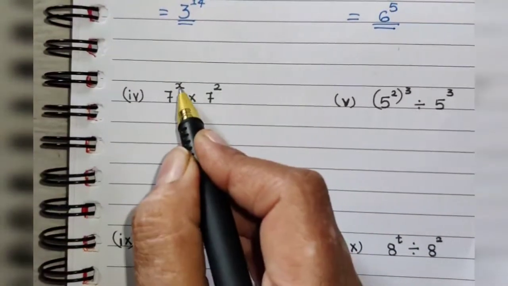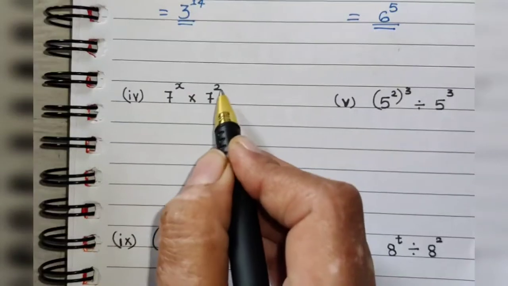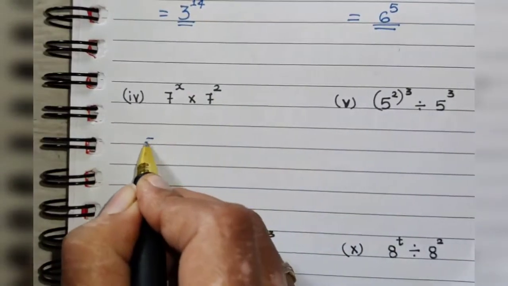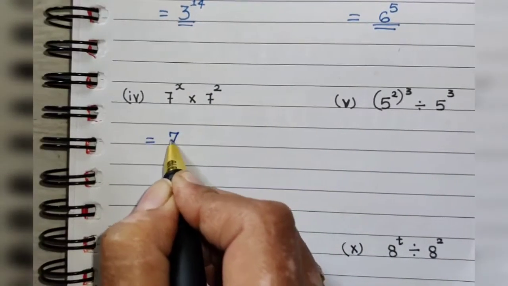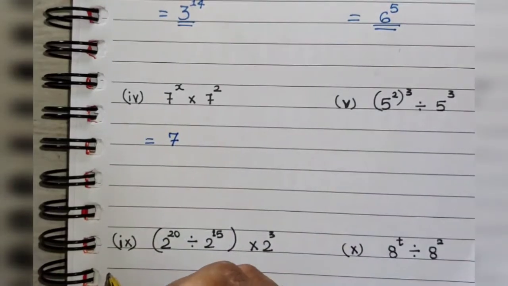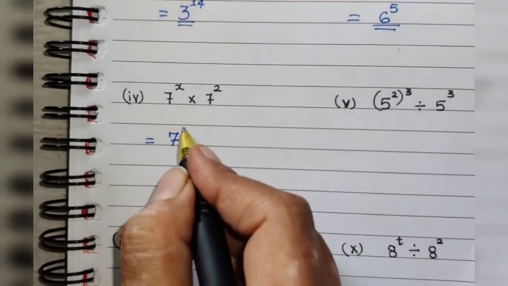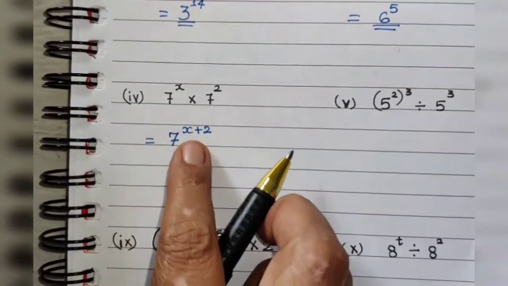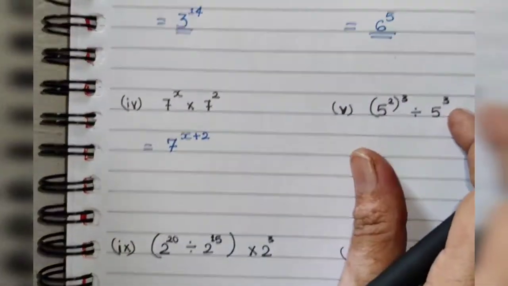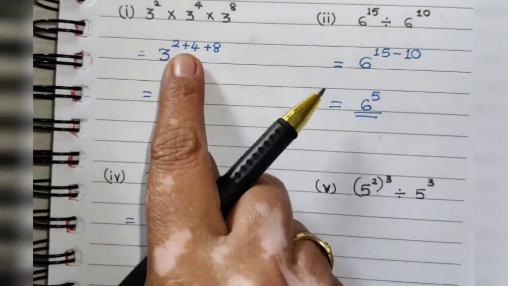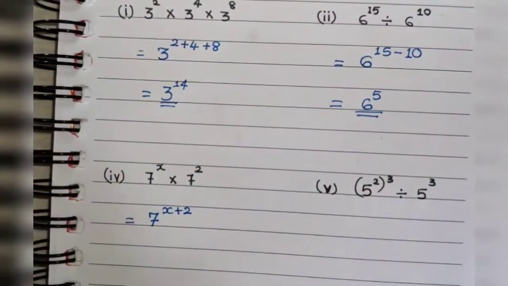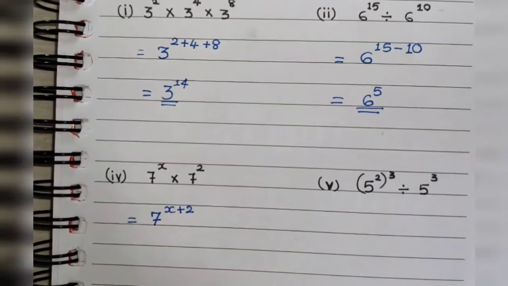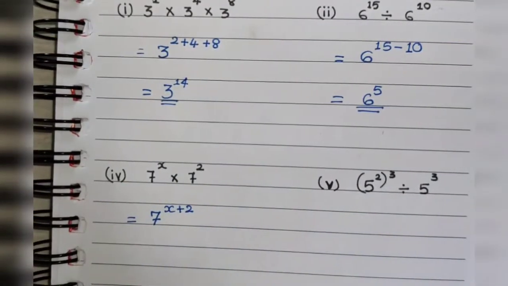7 to the power x multiplied by 7 to the power 2. As you can see, the bases of 7 are same, so we will write the base 7 one time and x plus 2. When numbers are given, we add them, as we have seen earlier: 2 plus 4 plus 8, we can add 2 with 4 and then with 8, and get the final answer as 14.